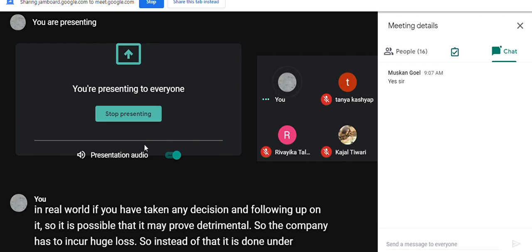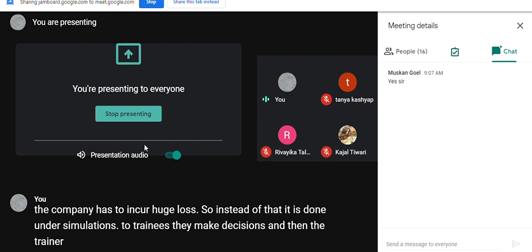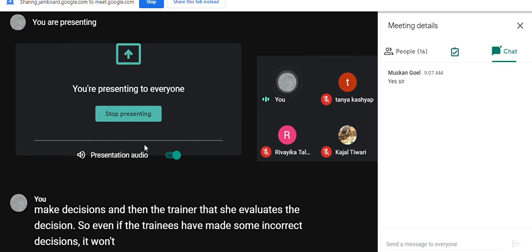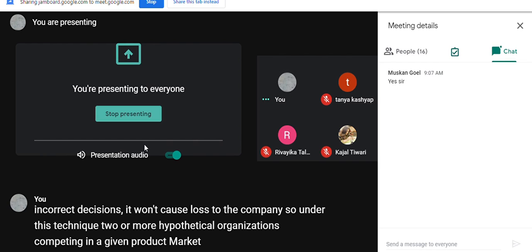So trainees make decisions, and then the trainer evaluates the decisions. Even if the trainees have made some incorrect decisions, it won't cause loss to the company. Under this technique, two or more hypothetical organizations competing in a given product market are assigned to trainees.